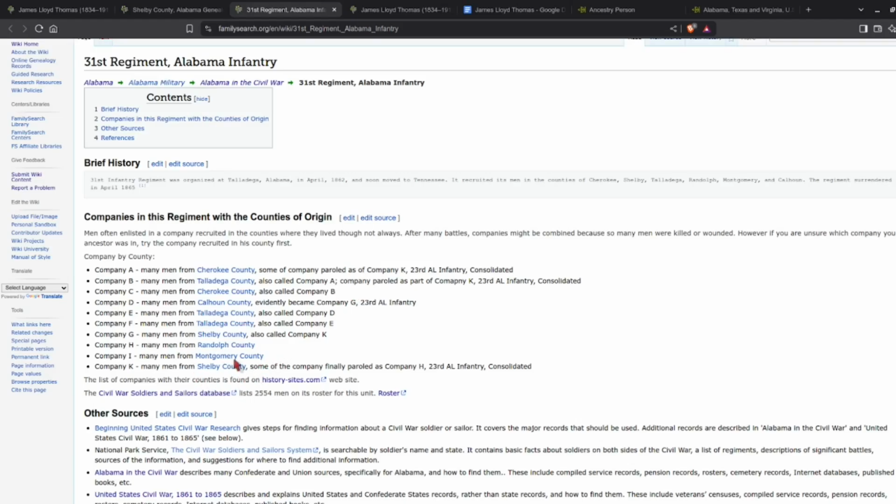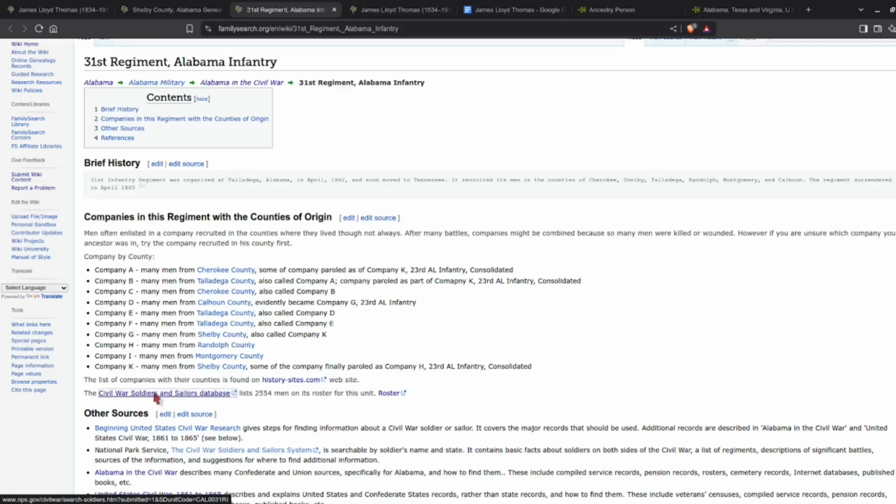And Shelby County was mostly in Company K. That doesn't mean anything necessarily, but what happened is that the men would be involved in a conflict, there would be casualties, and then the companies would be reformed, or sometimes they would be merged together. So this doesn't necessarily mean that the information is wrong. He probably started in Company K and ended up in Company C at some point.